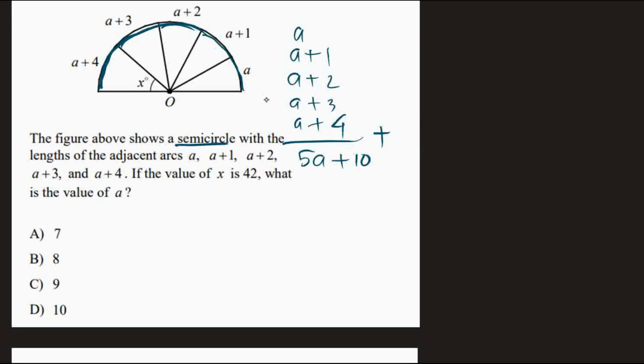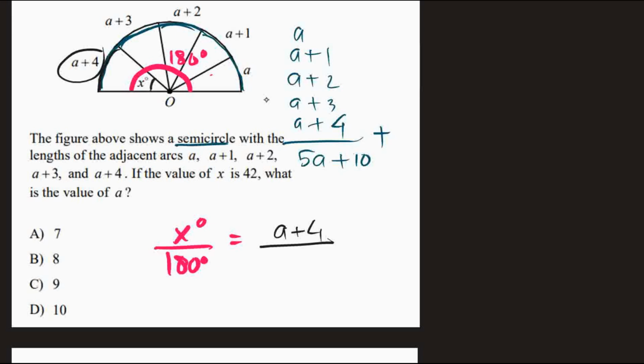Now the angle for a semicircle is equal to 180 degrees. Now we can use the ratio: x over 180 degrees is equal to the arc length. For x the arc is a plus 4, and for 180 it is 5a plus 10. So we can cross multiply.